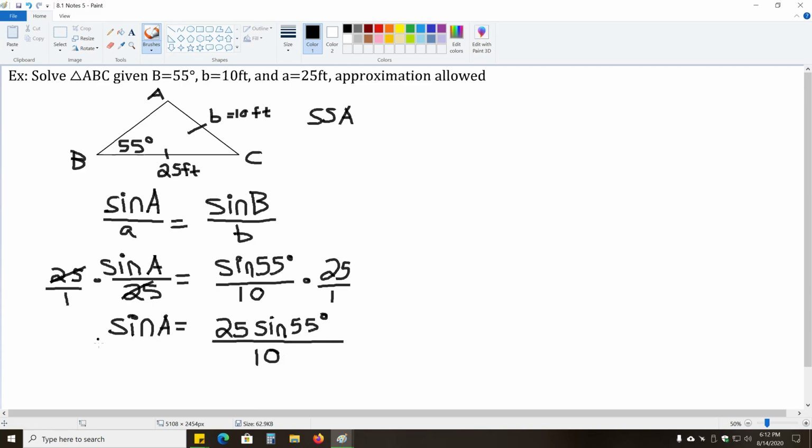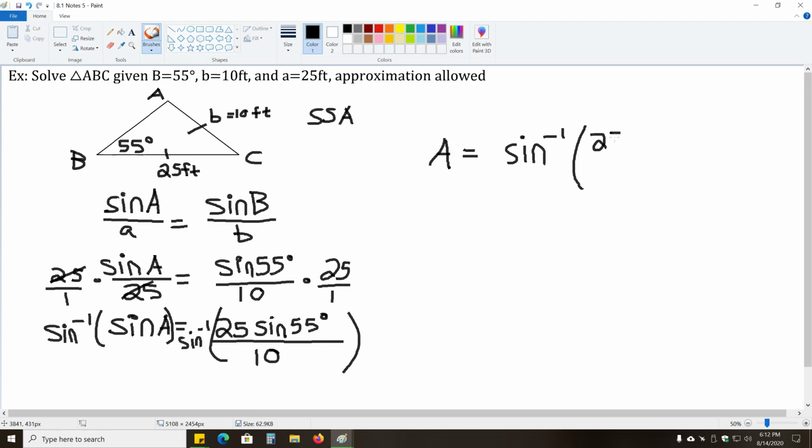And now finally, if we take sine inverse of each side of the equation, we'll be left with angle A equals sine inverse of the quantity of 25 times sine of 55 degrees over 10.